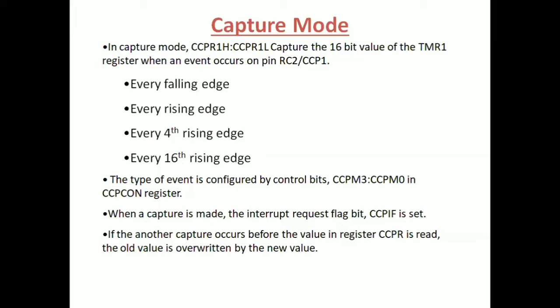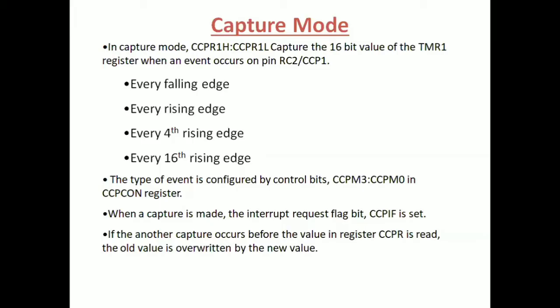The operation of this CCP module is controlled by a CCP control register, that is the CCPCON register. In the CCPCON register, there are 4 bits: CCPM0, CCPM1, CCPM2, and CCPM3. The combination of these 4 bits decides in which mode you are operating the CCP module.